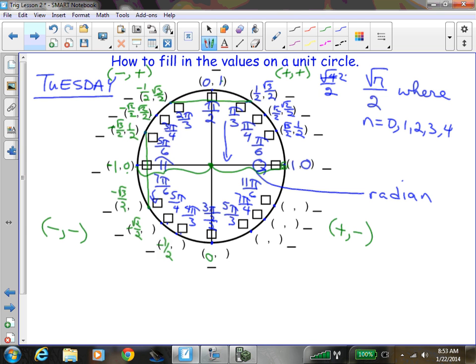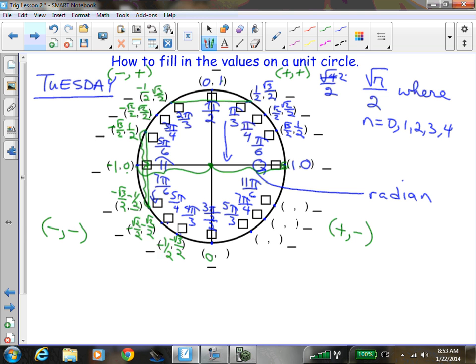Okay, now we can use the same kind of logic here. The y coordinate here, this point is as far below the x-axis as this point is above it, and so therefore this is negative a half, and then this will be negative root 2 over 2 for the same kind of logic, negative root 3 over 2.